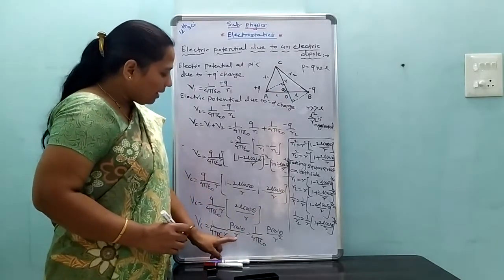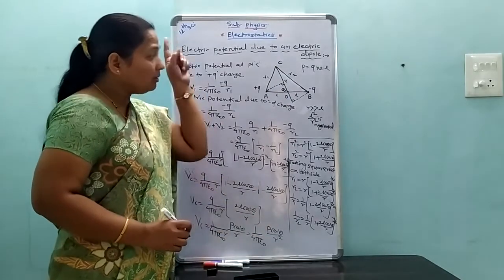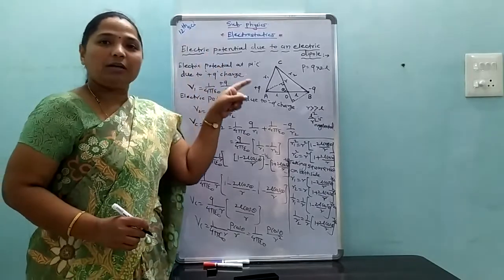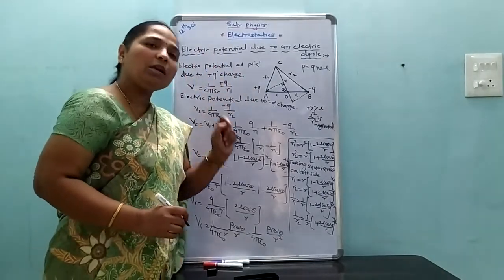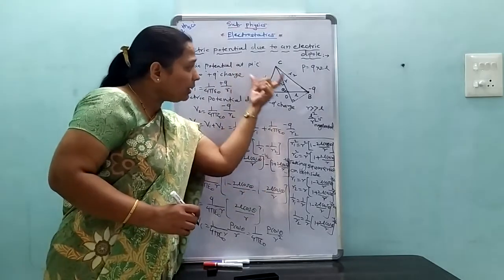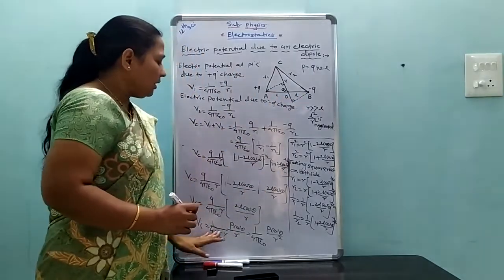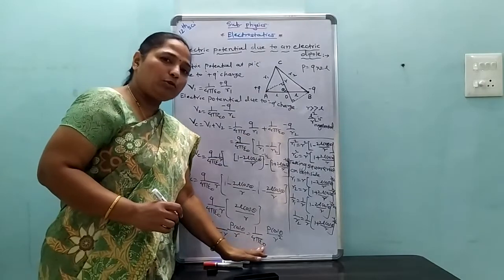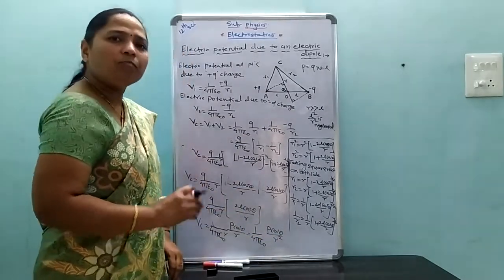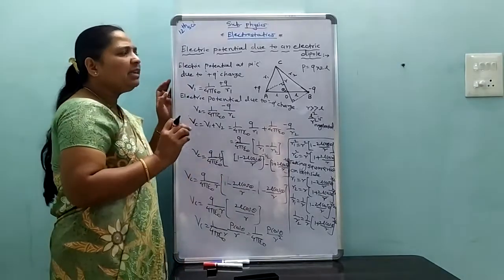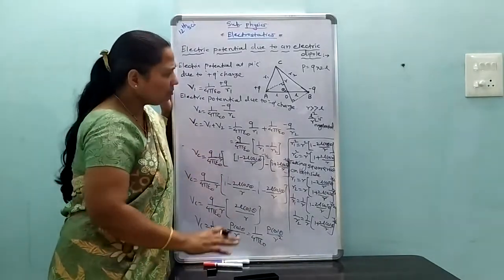where R multiplied by R is R square term. But due to a single point charge, V is equal to 1 upon 4 pi epsilon 0 Q upon R. But due to the dipole, V is equal to 1 upon 4 pi epsilon 0 P cos theta upon R square. Now consider the two cases.